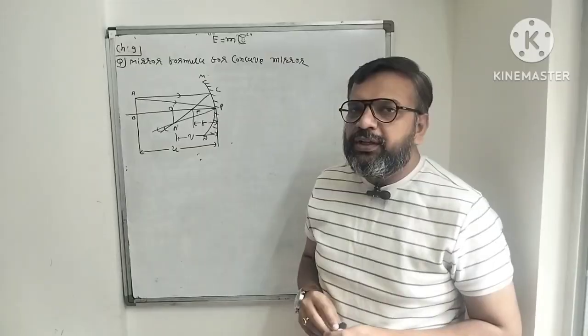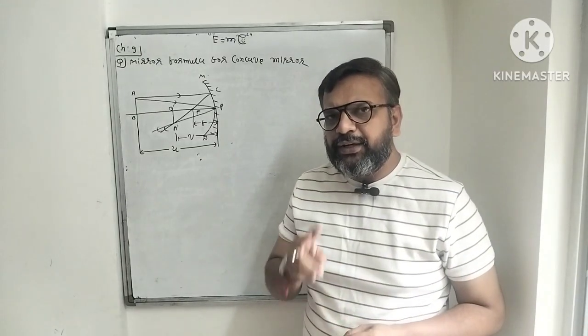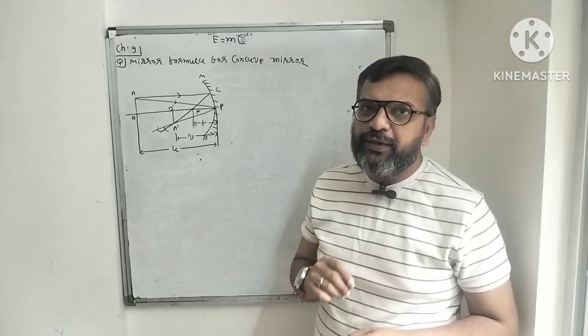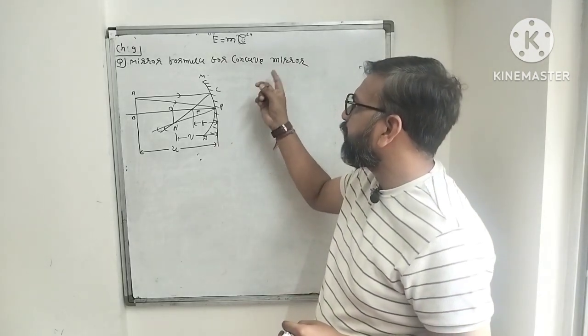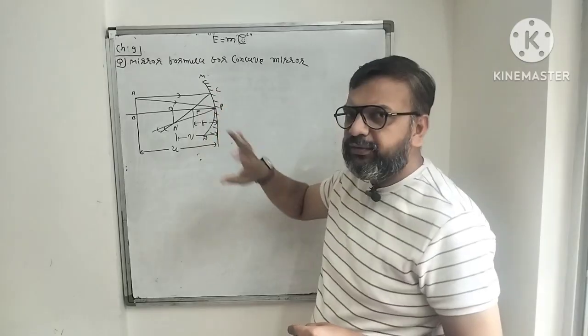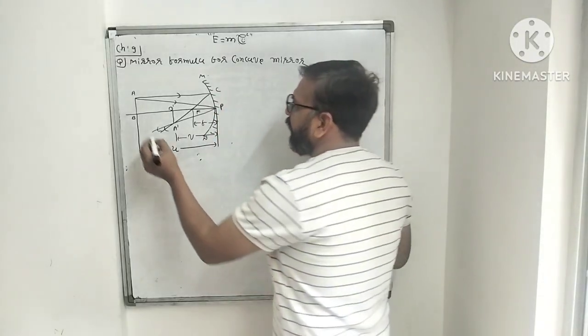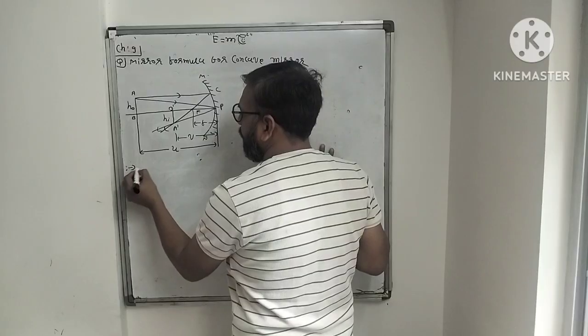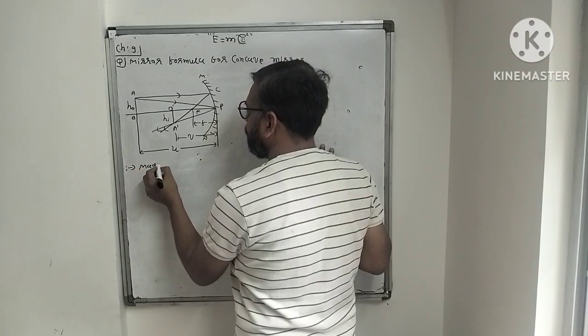In this theory, sometimes the examiner asks for 2 marks: what is magnification, and derive the formula of magnification for the concave mirror. So you have to draw this figure again, with the height of the object and the height of the image. First of all we write magnification.